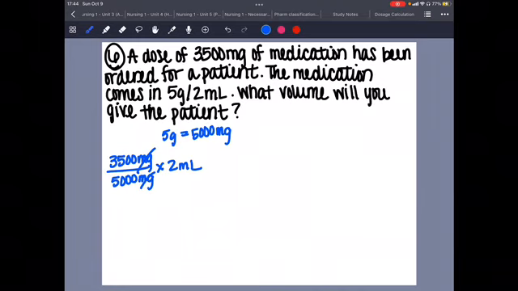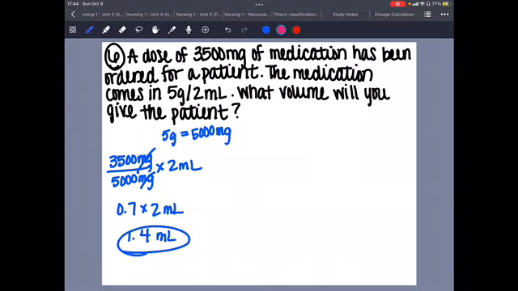So 3,500 divided by 5,000 should get 0.7, times 2 should get 1.4 mLs.